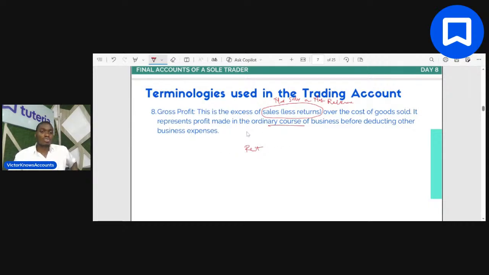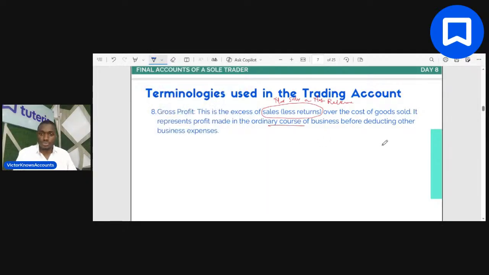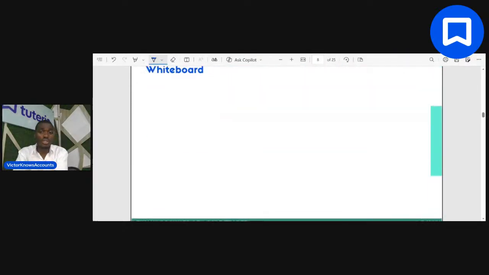Do you understand that? So rent is just a business expense, all right? It's not part of your cost of sales. So that's why your gross profit is sales minus cost of goods sold. Don't forget, another name for cost of goods sold is cost of sales.